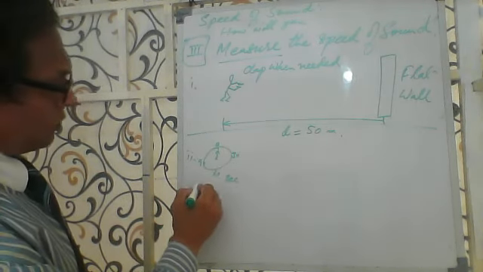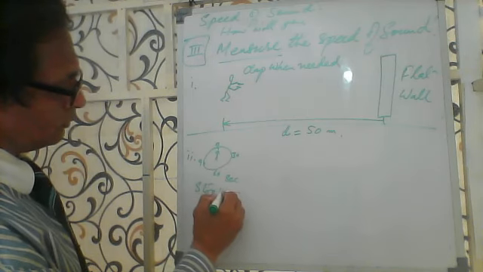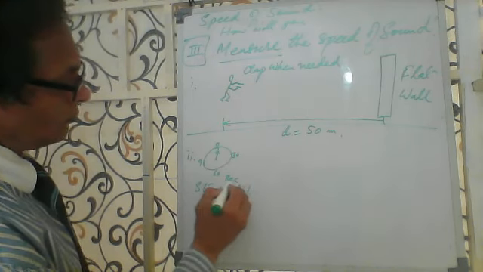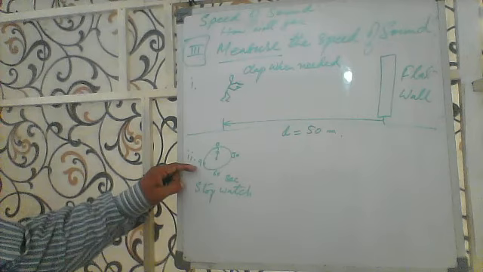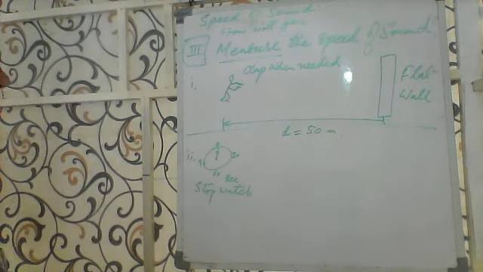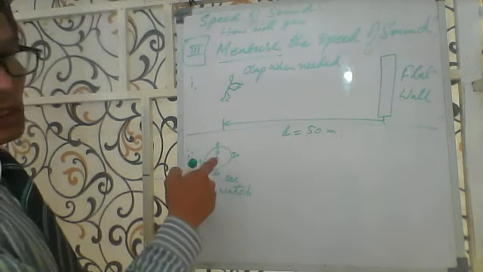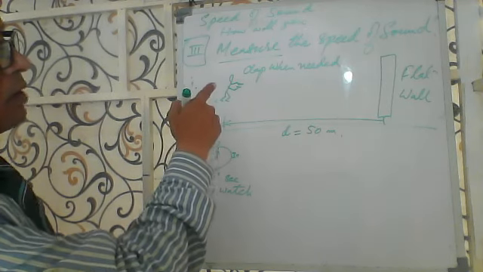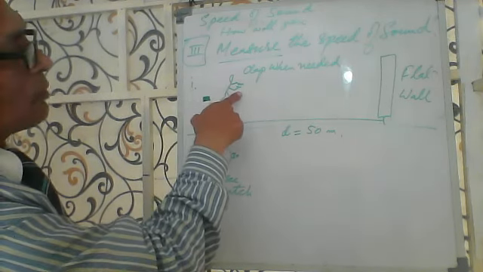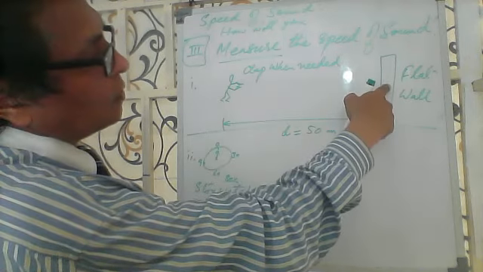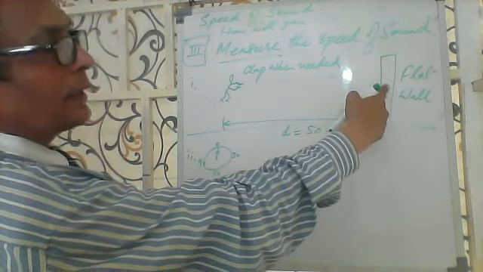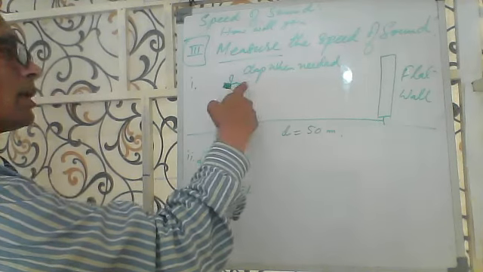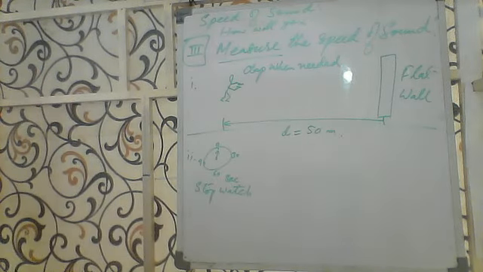We have a stopwatch. You may use a digital watch nowadays. This stopwatch is to calculate the time of traveling of the sound waves from your clap up to the flat wall, hitting the wall and then bouncing back and coming back up to you.